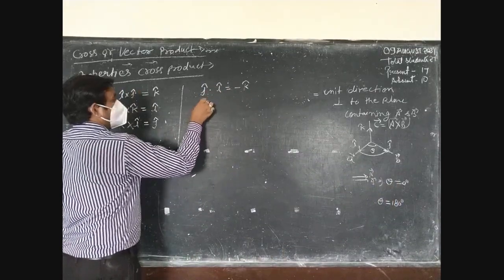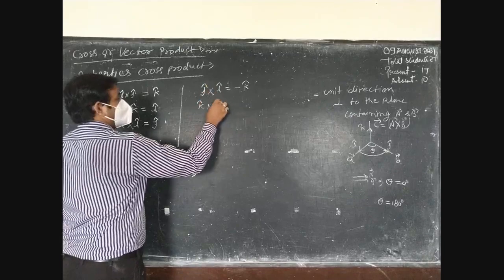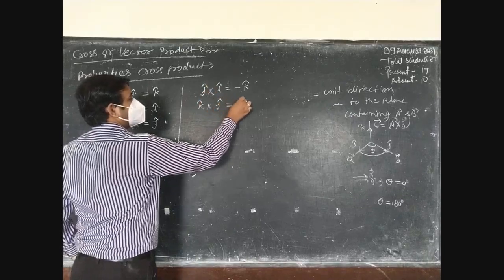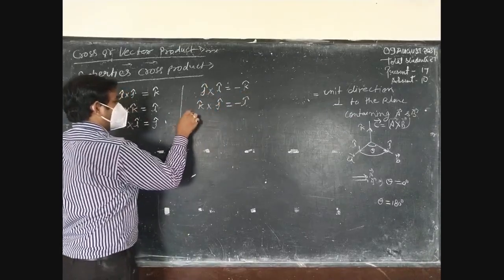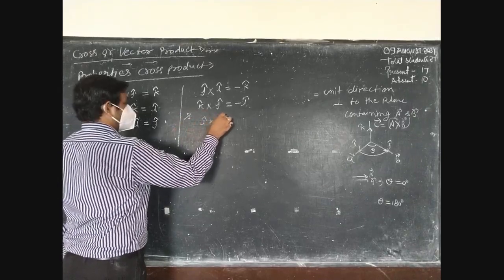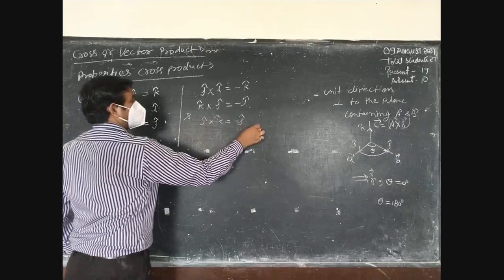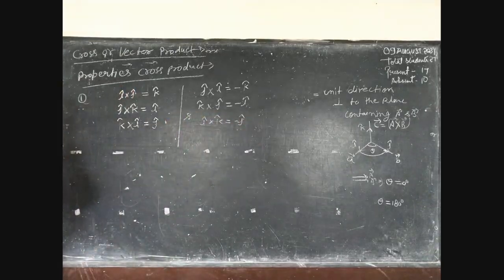Similarly, k cap cross j cap is minus i cap, and the third one, i cap cross k cap, is minus j. These are the three important rules.